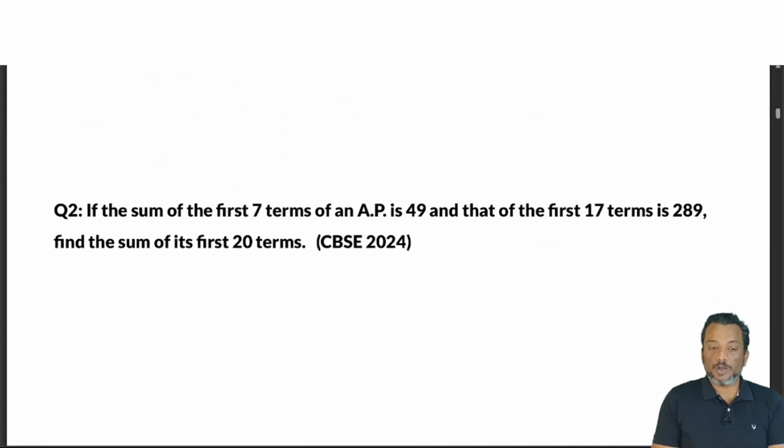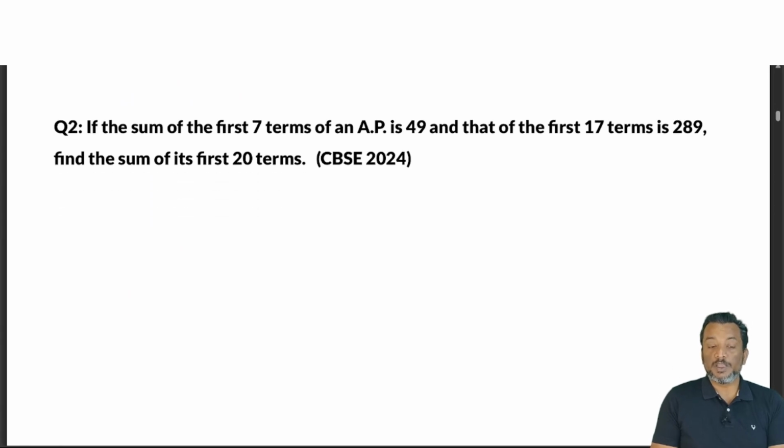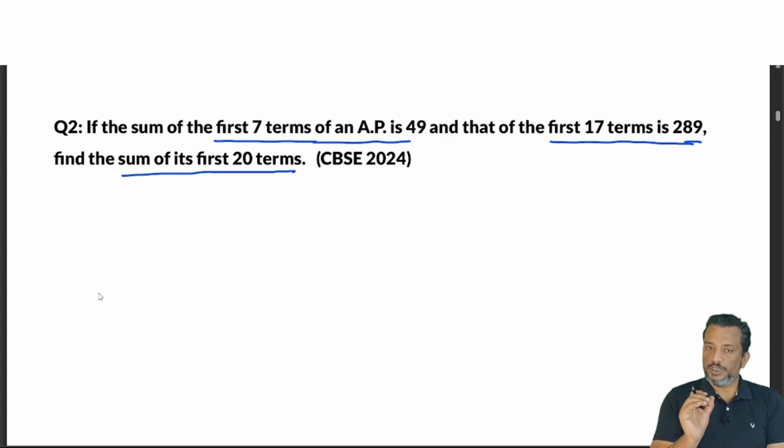Now coming to the next question, it is saying: if the sum of the first 7 terms of an AP is 49, and the sum of the first 17 terms is 289, find the sum of the first 20 terms. So here you have been given two expressions, the sum of the first 7 terms and the first 17 terms. So S7 is equal to 49.